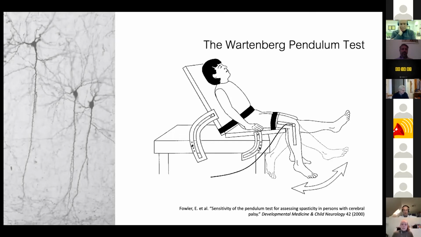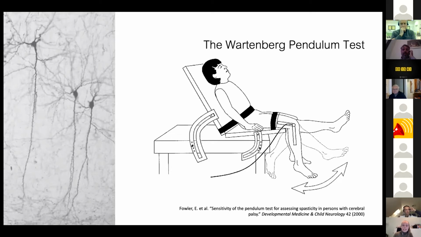But what we actually did to compose our parameter that we call the reflex period is that we used simultaneous EMG recordings while we performed the pendulum test. So we combined both the biomechanical features of the pendulum test and the neurophysiological features of having an EMG recording.